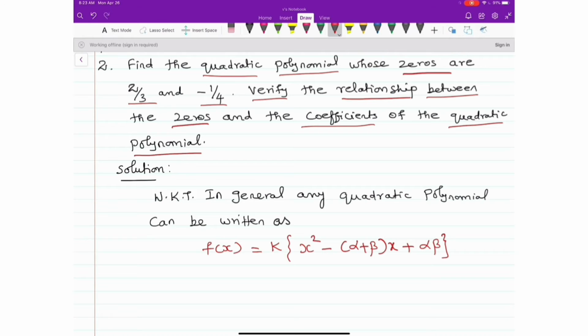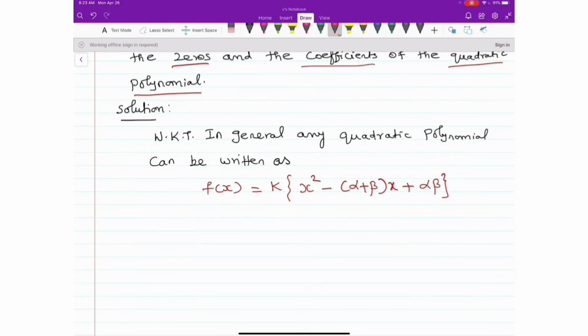If you see my previous video, you will know we have done 6 questions from exercise 2.2 based on this particular concept. Okay, where k is any non-zero real number.